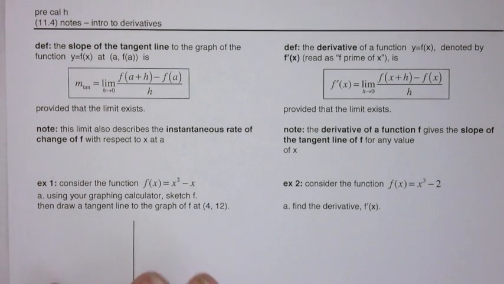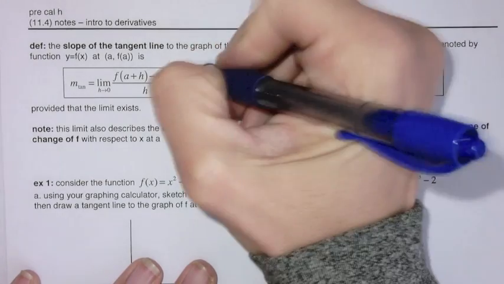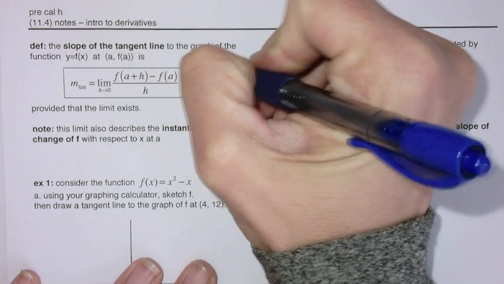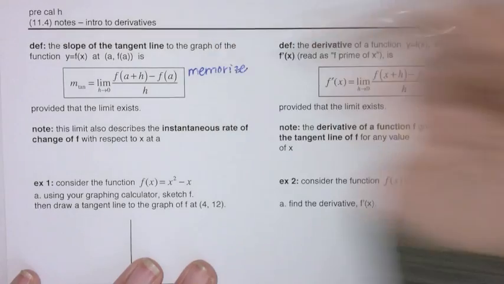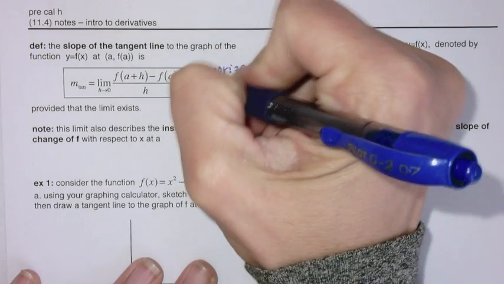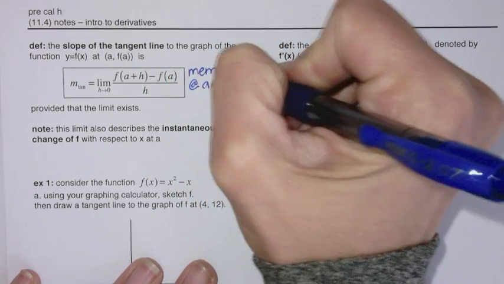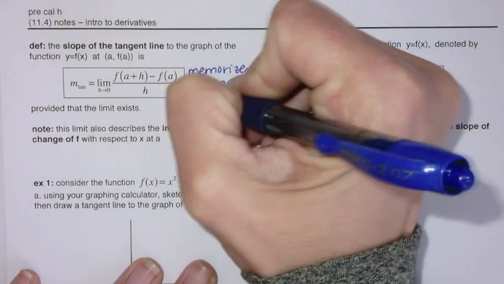First of all, you should know that this right here you're going to memorize, and this is at a specific point. You don't even know what we're doing, you just know it's at a specific point.